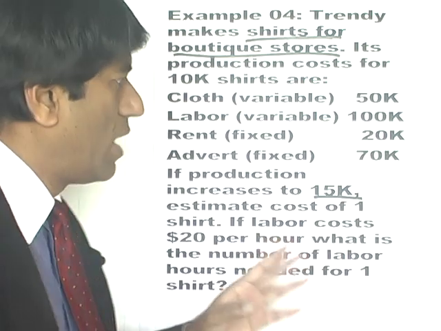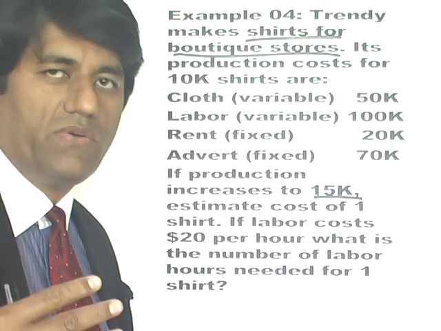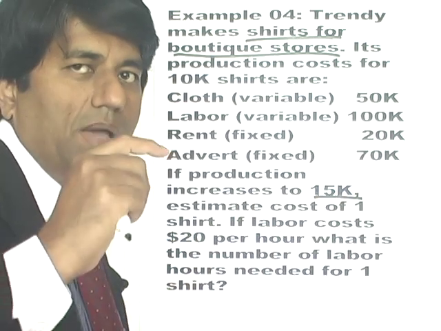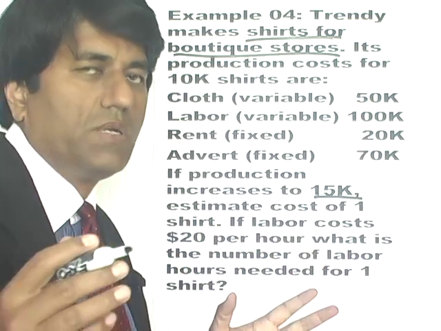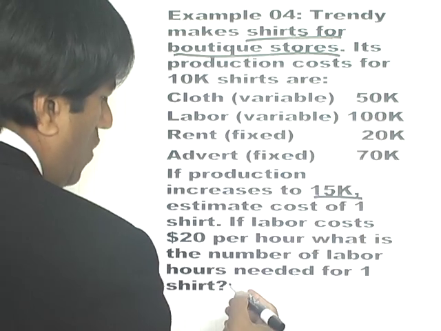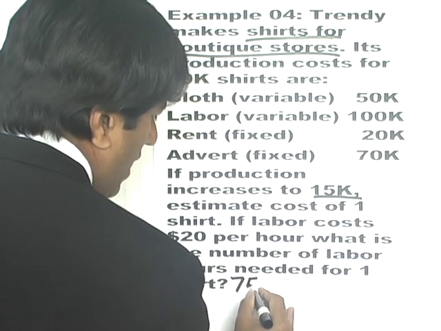And to answer that question, look at the variable cost, because only the variable cost will increase. So the number of units has gone up by 50%, so the variable cost will go up by 50%, whereas the fixed cost will remain the same. So cloth will increase from 50K to 75K.